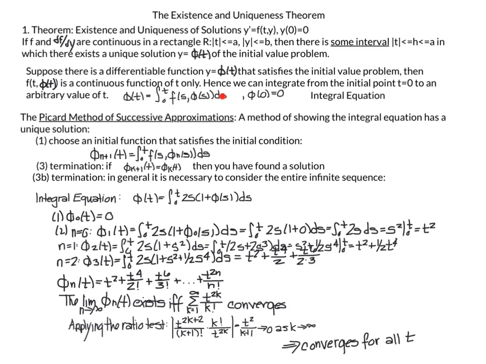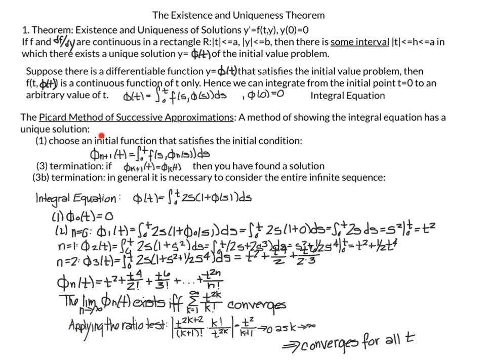And the idea of this integral equation is it is equivalent to this differential equation, and any solution of the integral equation will also solve the differential equation. So the Picard method of successive approximations starts with phi 0 equal to 0, and we get that from the initial condition.